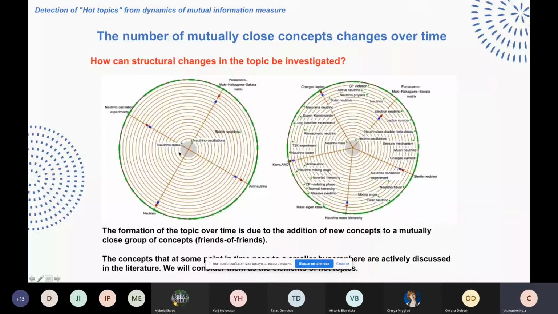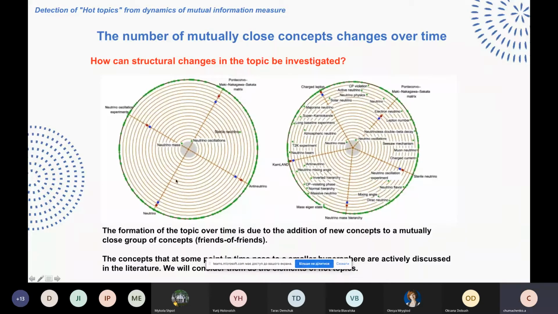And that also can be an indication of a hot topic, because if they simultaneously change all these distances between existing topics, it means that all of them were intensively used to discuss some problem. And that's one of the approaches that we propose to detect hot topics within this framework.